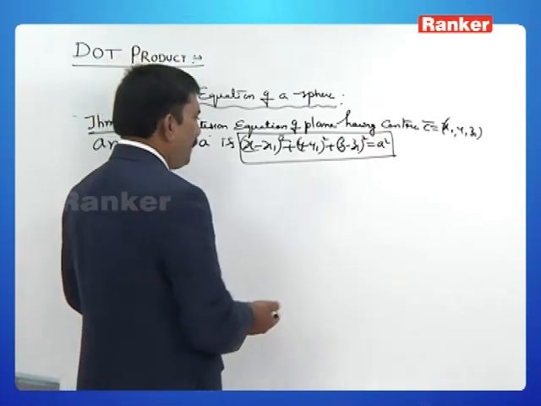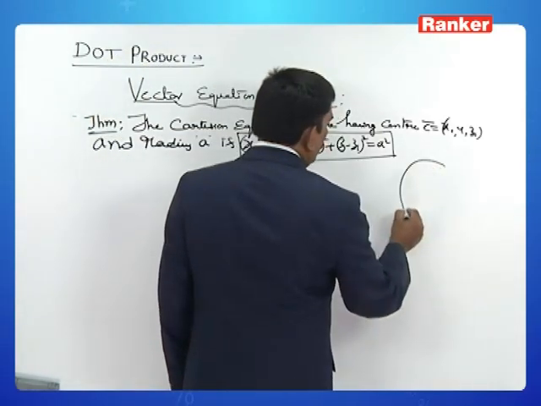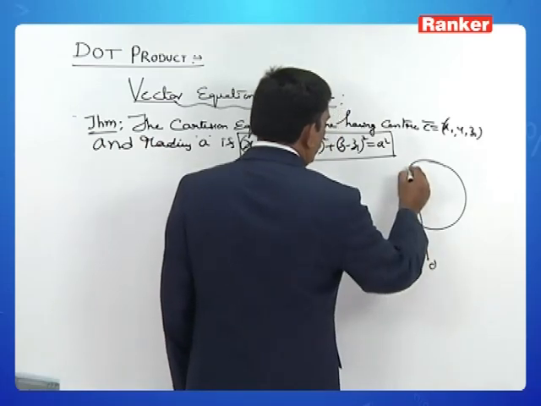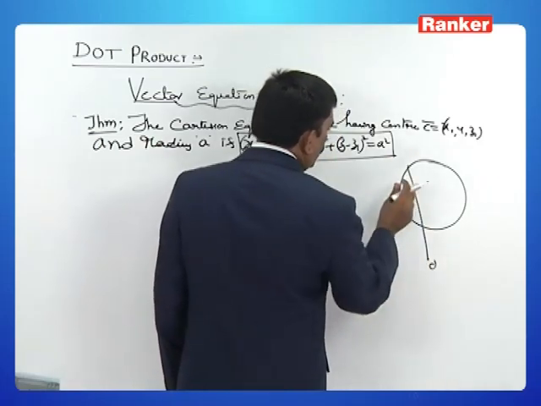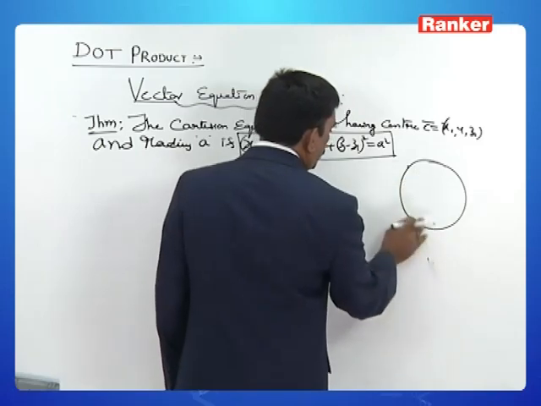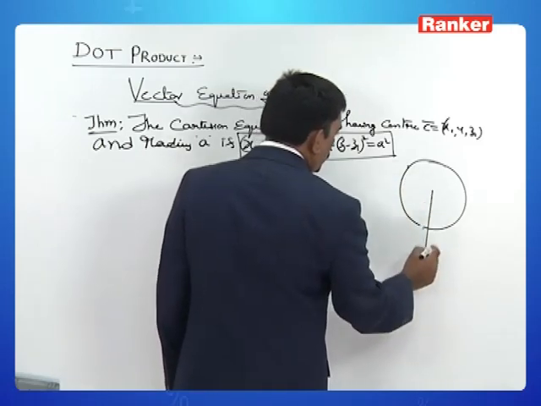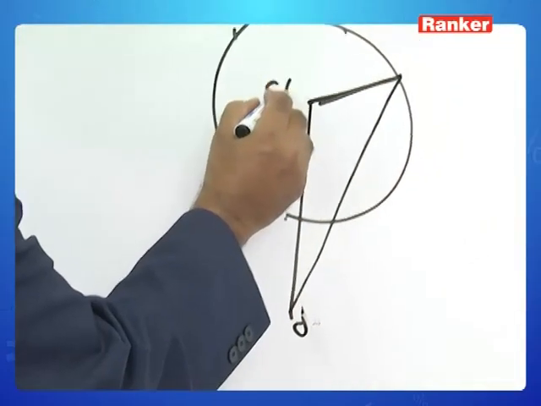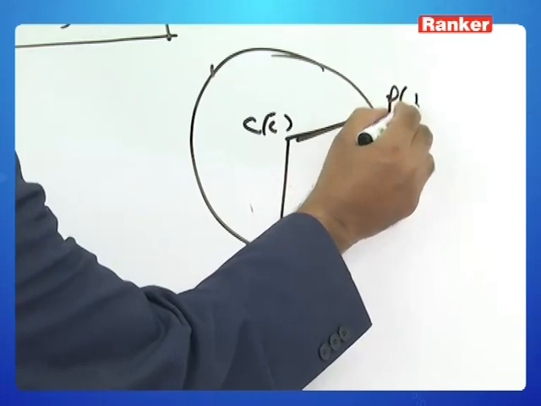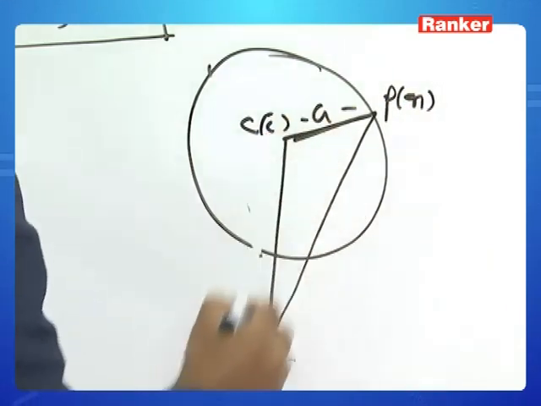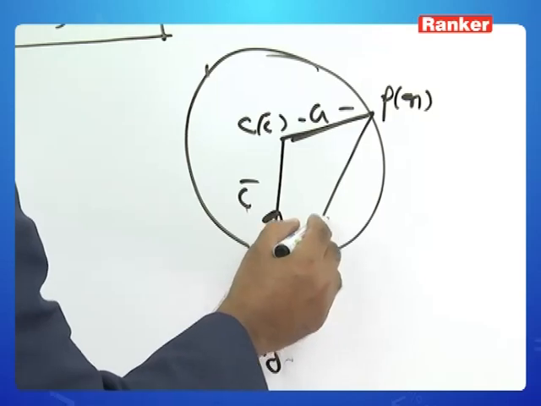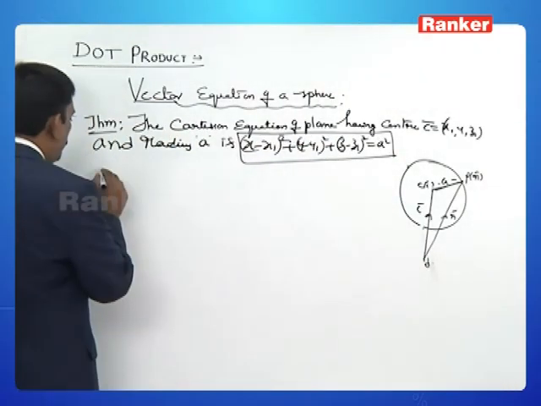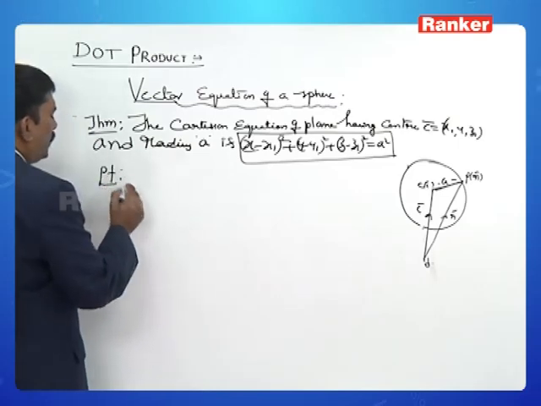Let us see. As you know already, this is the origin. If I take this as a center C of C bar, P of R bar on the sphere, this is the radius, this is C bar, this is R bar. According to this, the proof is very simple.